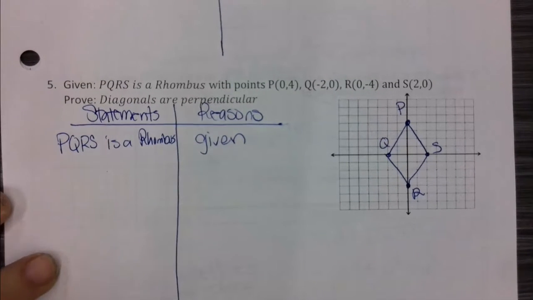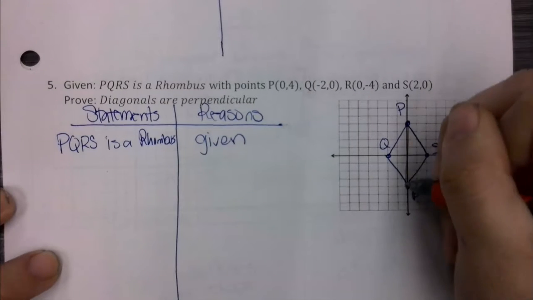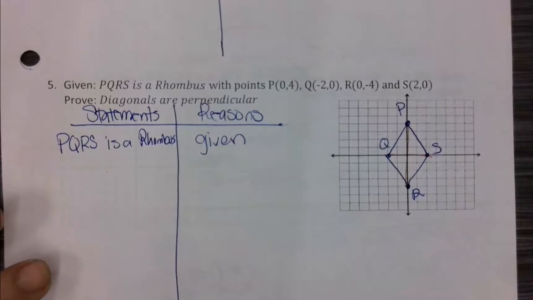I want to prove that my diagonal lines are perpendicular. What are my slopes of my two lines?